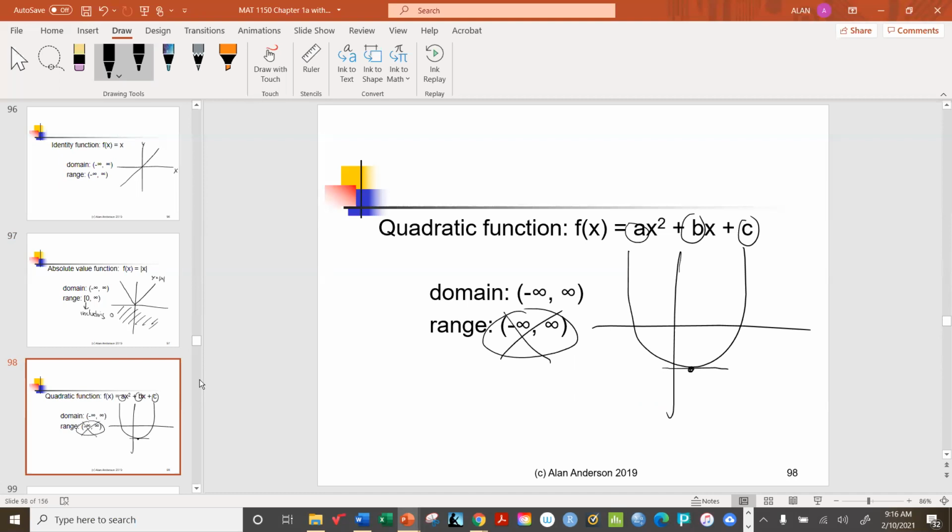So I'll fix this. Let me make a note of this. This is a special case. It may be covering the entire real number line, but there typically is a minimum point, so I'll have to fix that one. This is slide 98.